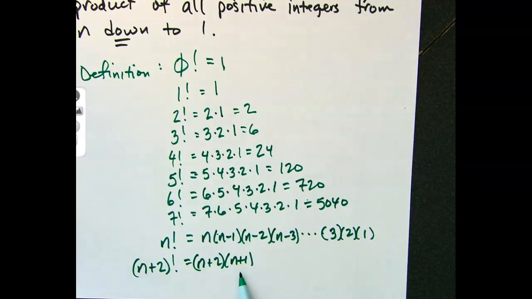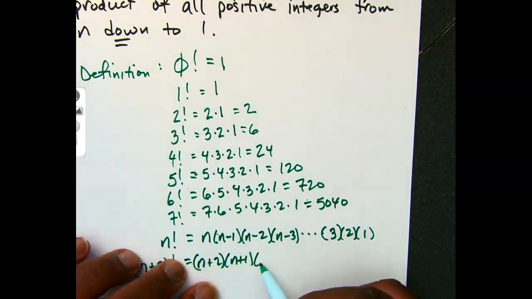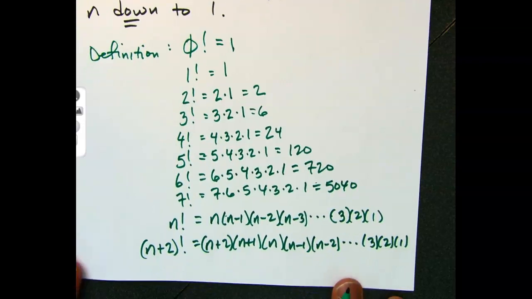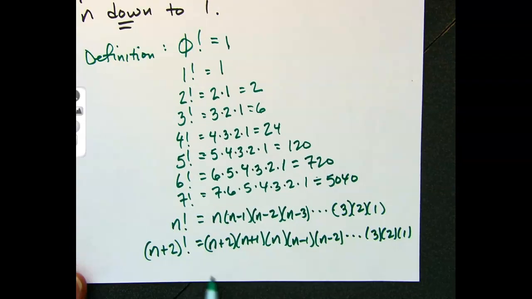Then our next factor would be 1 less than that, n plus 1 minus 1, n. Then our next factor would be 1 less than that, n minus 1, n minus 2, and then 3 times 2 times 1.